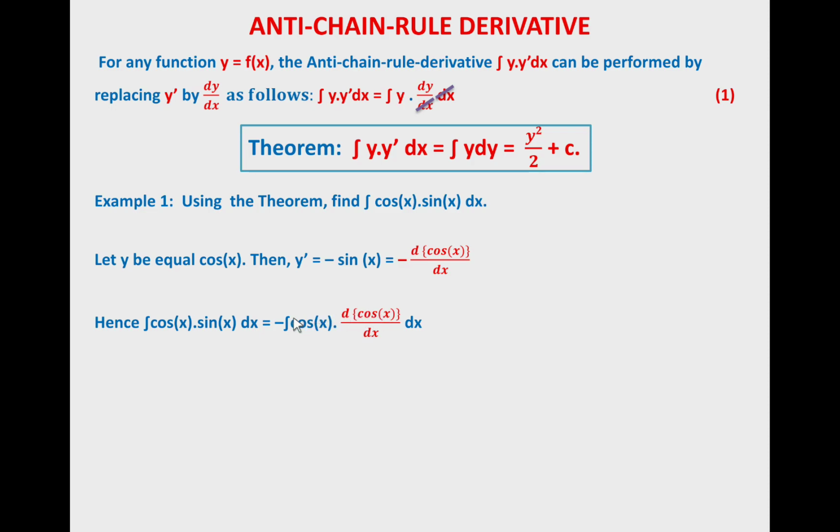Now, why did we put this negative sign outside? For the simple reason, d by dx of cosine x will give us negative sine x. So if we put negative sine x here, and we didn't have negative before the integral, then we're having two different values. Over here we have all positive values.